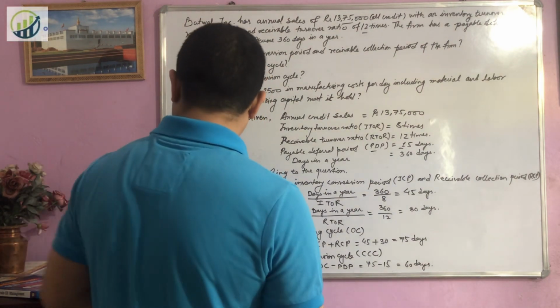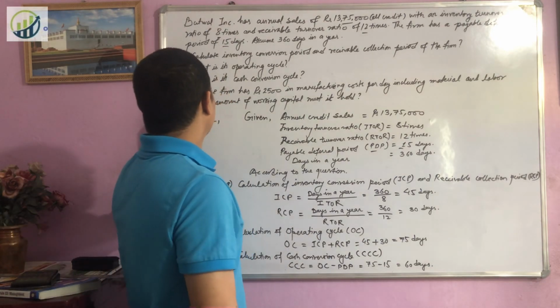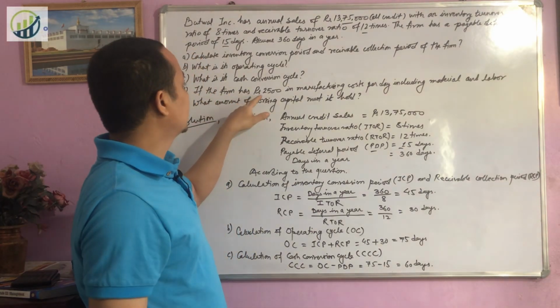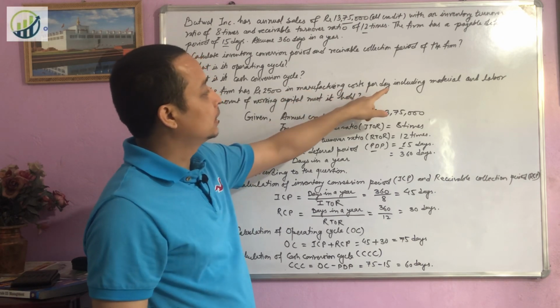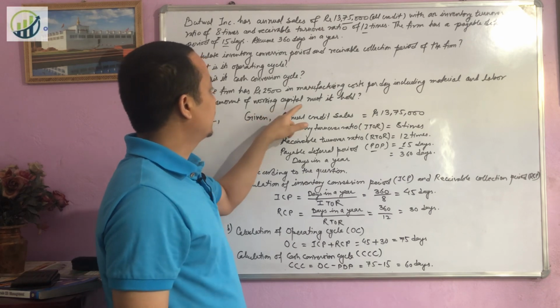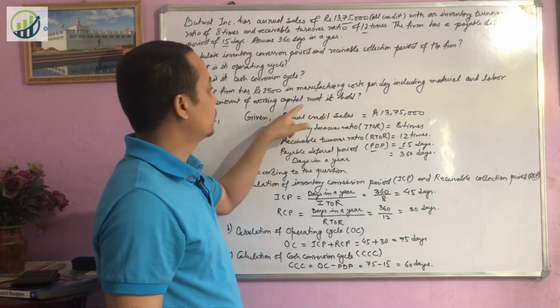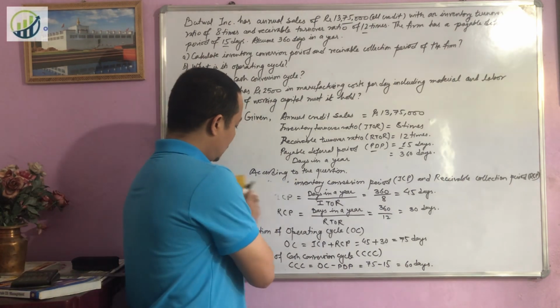Now after finding the cash conversion cycle, there is a condition given in your question, D. If the firm has rupees 2,500 in manufacturing cost per day, including material and labor cost, what amount of working capital must it hold? So now you see how to solve this.